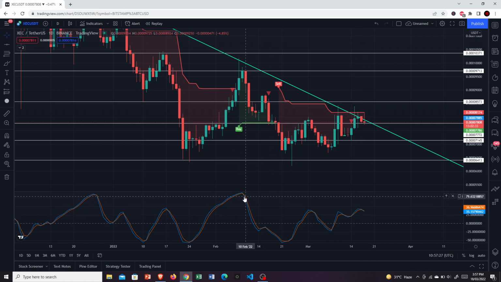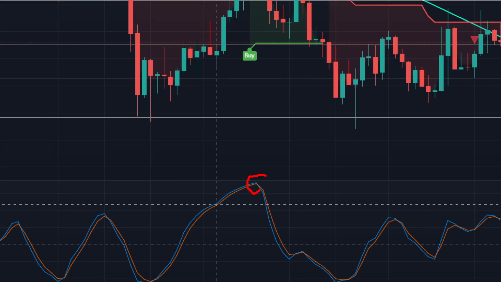Previously it pointed downwards over here, and this was not that strong, so it was just a consolidation phase. So at these levels it pointed downwards and we had a movement downwards like this, pointed downwards over here, we had a movement downwards like this.